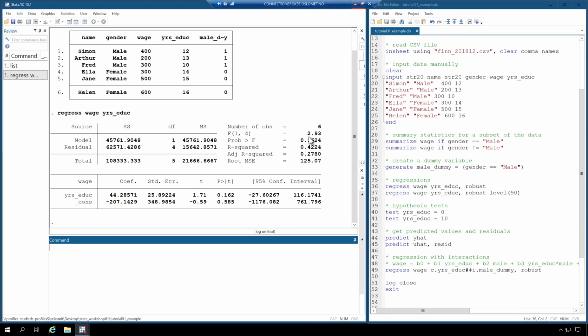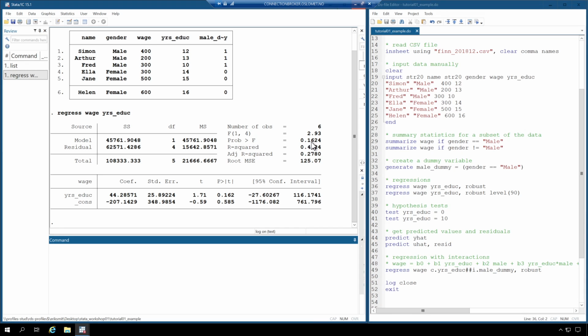So this F statistic is the square of the t statistic. So the F test and the t test for the individual coefficient on years of education will provide the same outcome. And you can see that by looking at the p-value of the F test, which is 0.16.